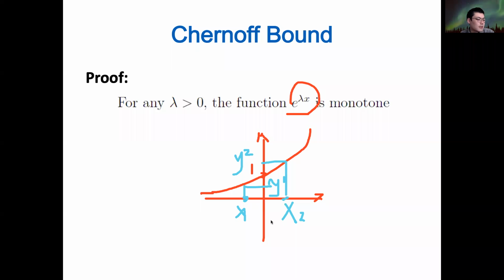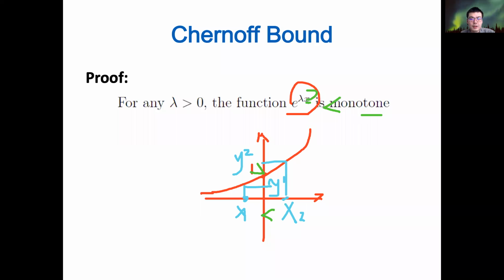we have a guarantee that if x1 is less than x2, then y1 is also less than y2. So this does not change your sign, basically. If originally your x is monotonic, and then after you take e to the lambda of x, the relationship is still kept.